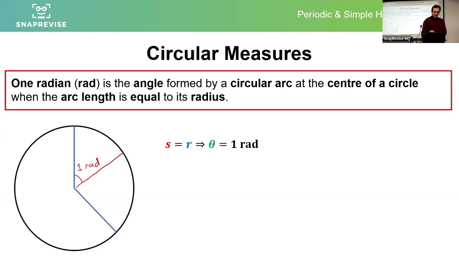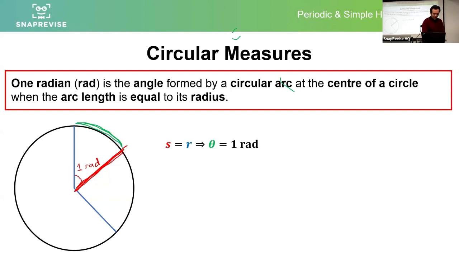And in my drawing, you can see, look, 1 radian is calculated such that this red length here, if I change my ink color, is exactly equal to my arc length here.